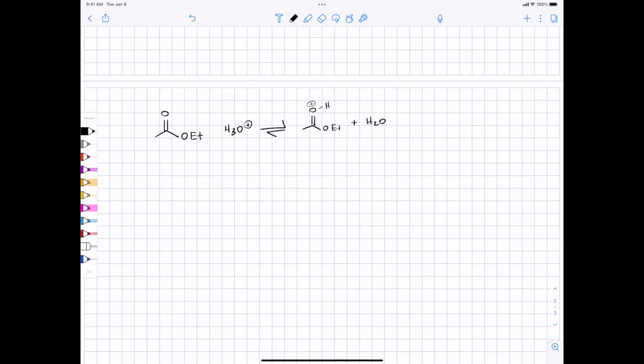All right, and then you have water attack to give you... I think I actually don't want to do ester catalysis, which is the one that I want to do. No, this would work.